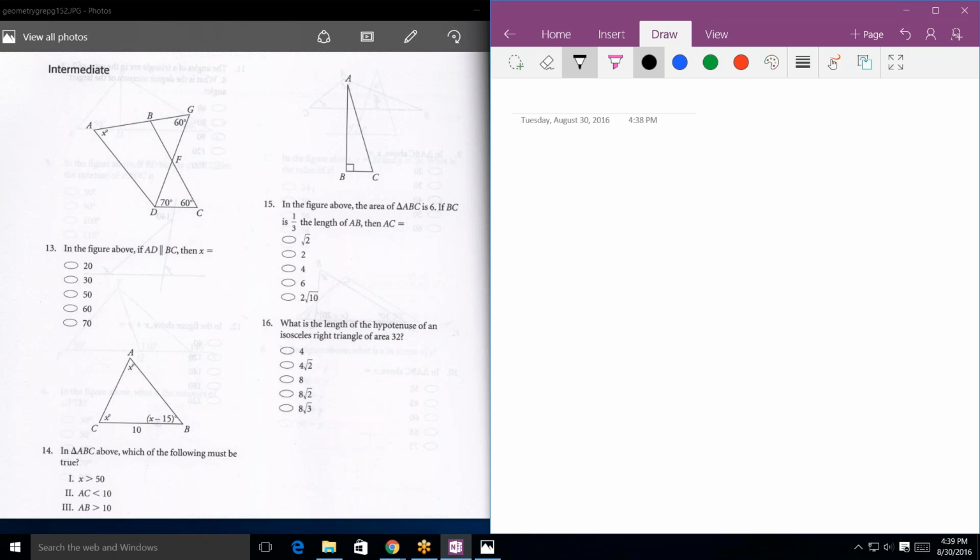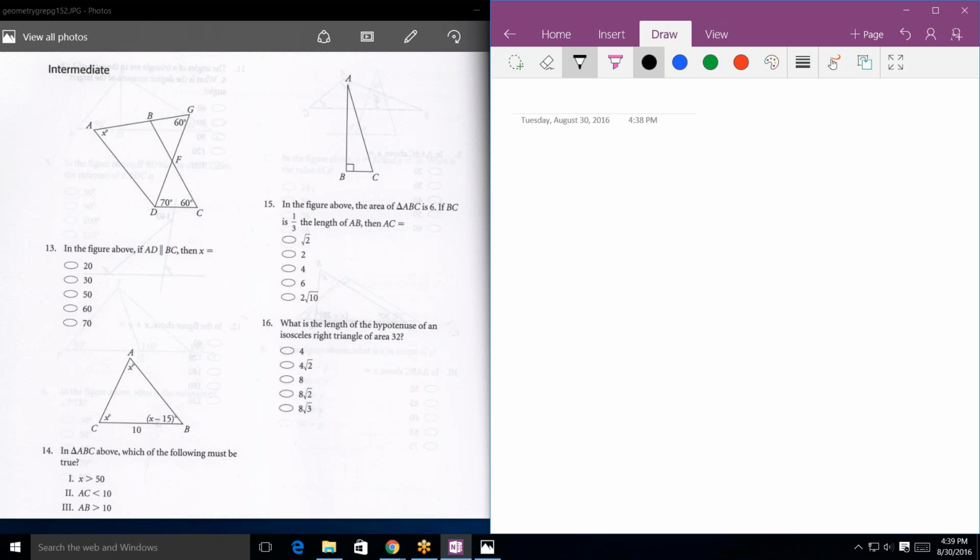And in fact, if they told you that this angle was 70 and that x was 70, that's enough information to know that line AD is parallel to line BC. In other words, it's impossible for those angles to be equal and for those lines not to be parallel.